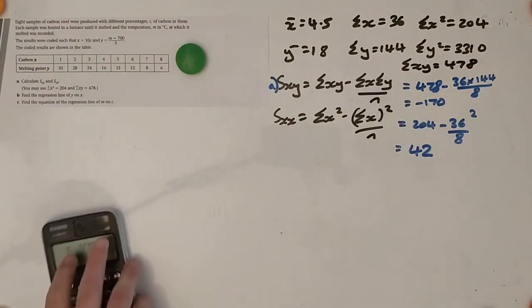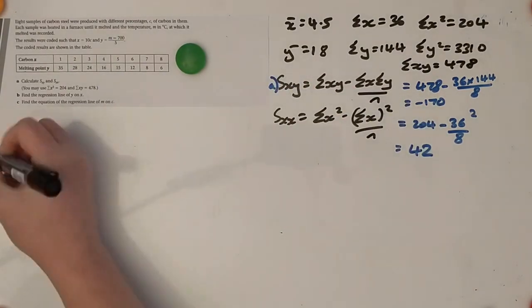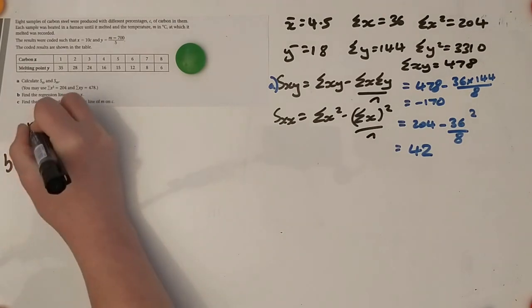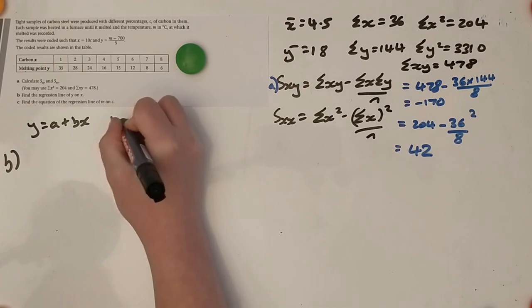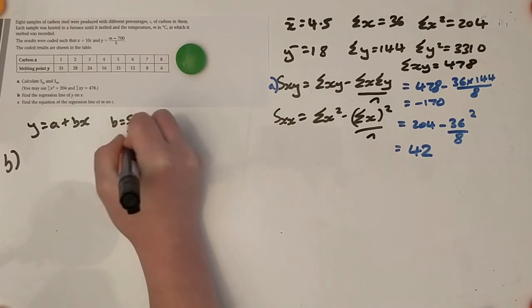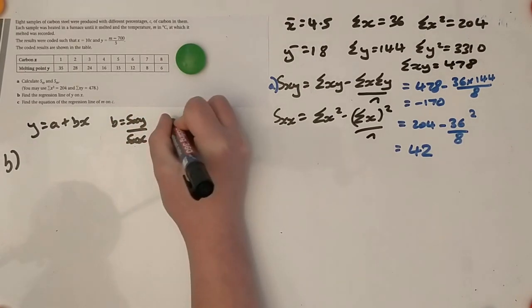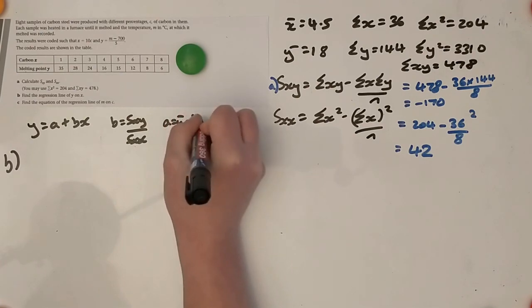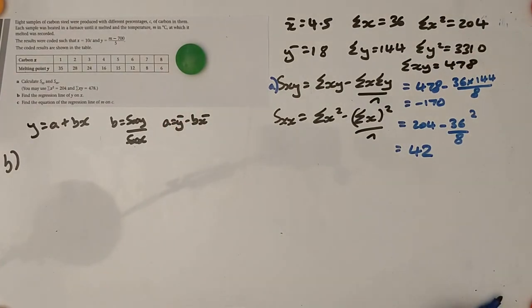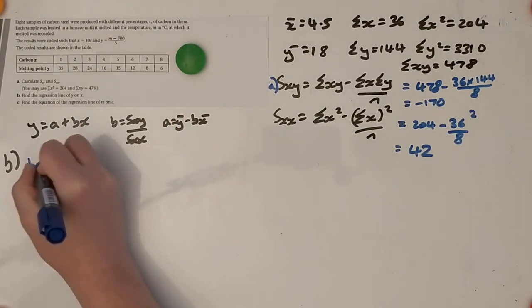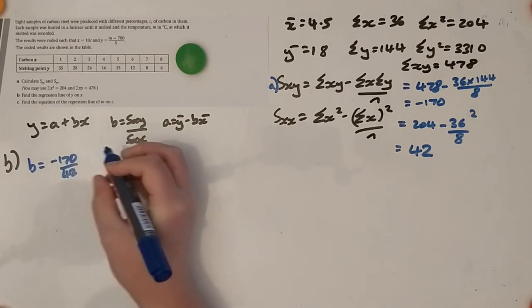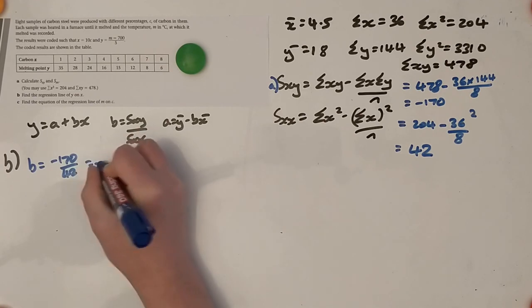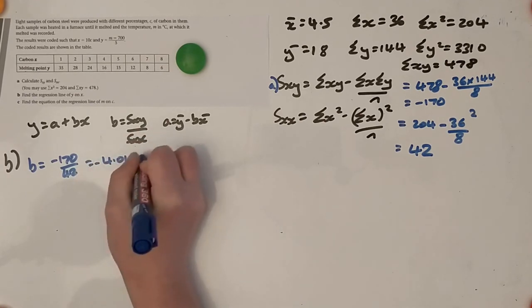On to part B, so find the regression line of Y on X. So for B, I've got Y equals A plus BX, where B equals Sxy over Sxx, and A is Y bar minus B X bar. So B is minus 170 over 42, which is minus 4.048.